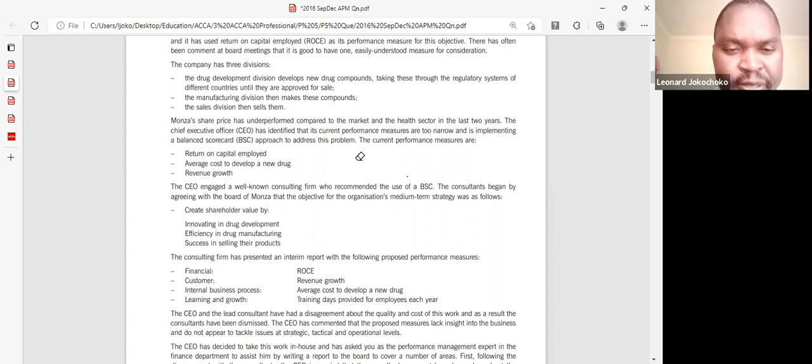The CEO engaged a well-known consulting firm who recommended the use of a balanced scorecard. The consultant began by agreeing with the board of Monza that the organization's medium-term strategy was as follows: create shareholder wealth by improving drug development, efficiency in drug manufacturing, and success in selling their products.